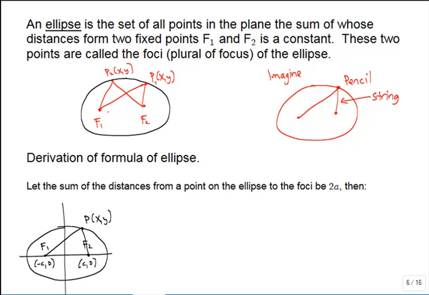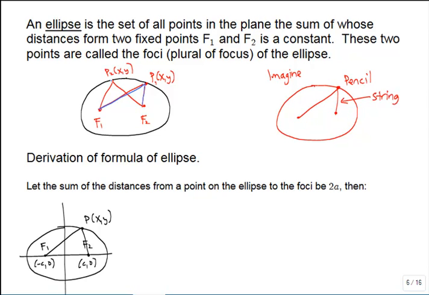So imagine having 2 points inside of our ellipse, F1 and F2, and this time, if you pick any random point, P, on your curve, then the distance between F1 and that point plus the distance between P and F2 is supposed to be a constant amount.